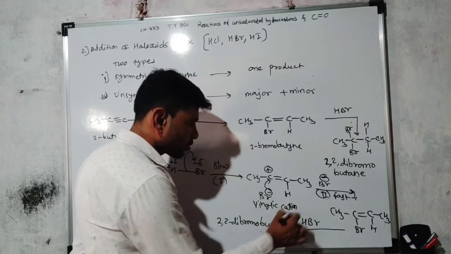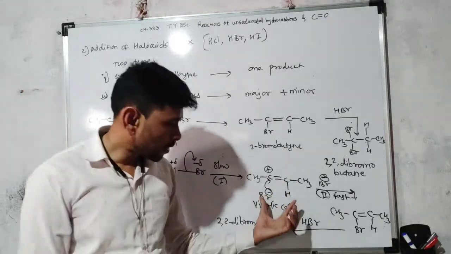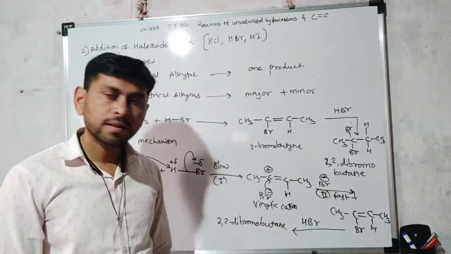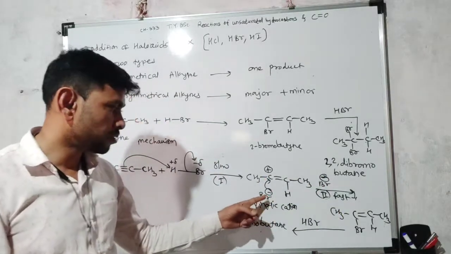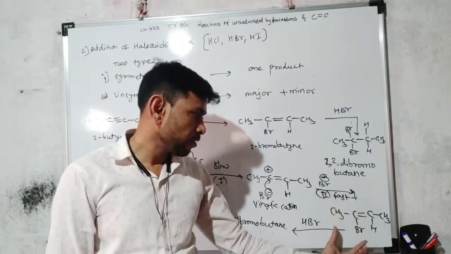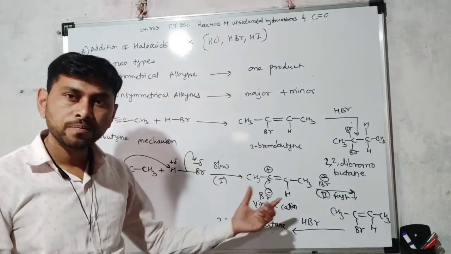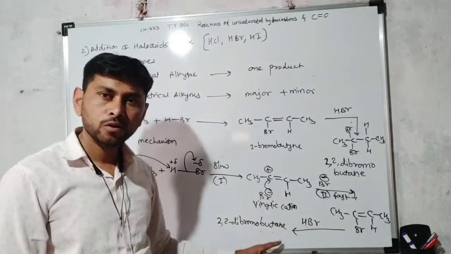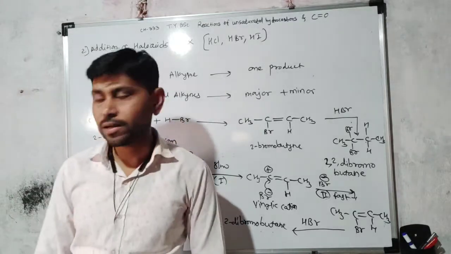So this process also takes place via vinylic cation formation, and then the nucleophile attacks this carbocation, and in a similar way it reacts with another mole of HBr to obtain the final product. So this is the case for a symmetrical alkyne.